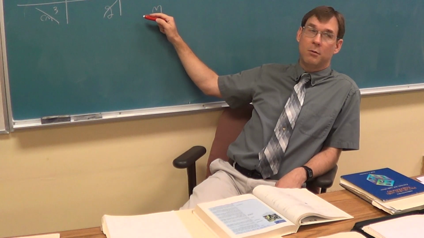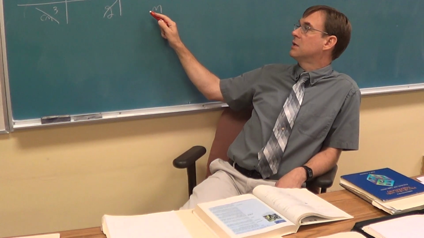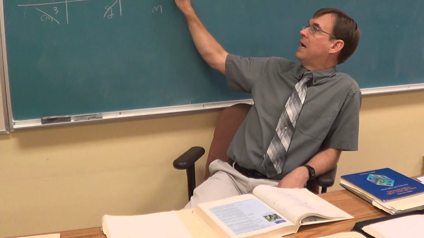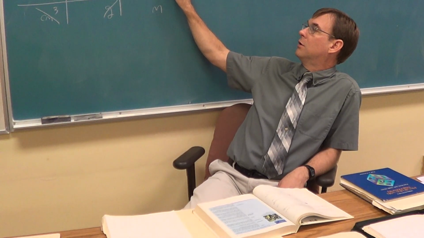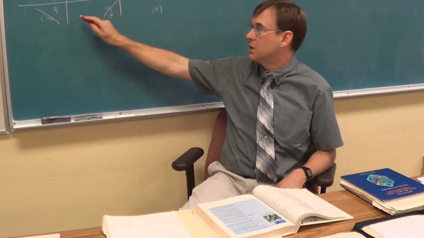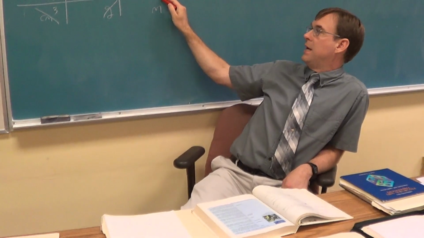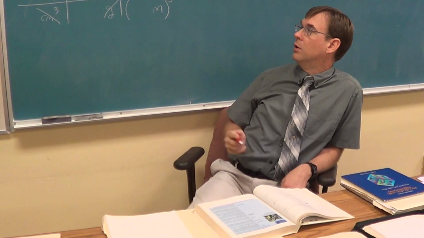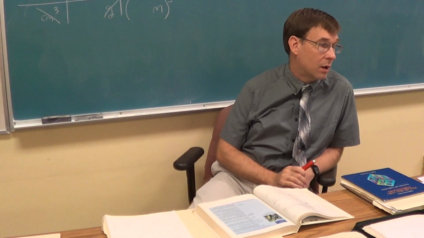It's a long P word. Parentheses. This whole group has to get cubed, because that is cubed, which means this whole group needs to get cubed, and then that's going to work.